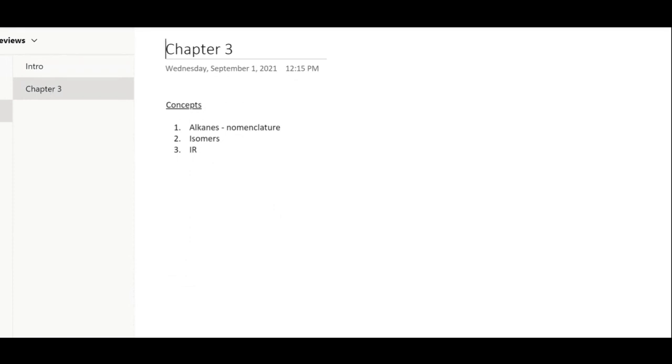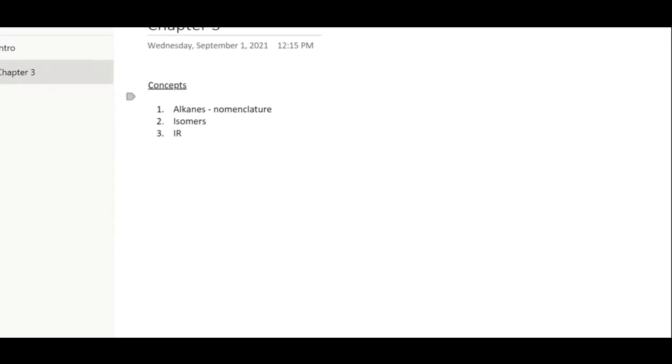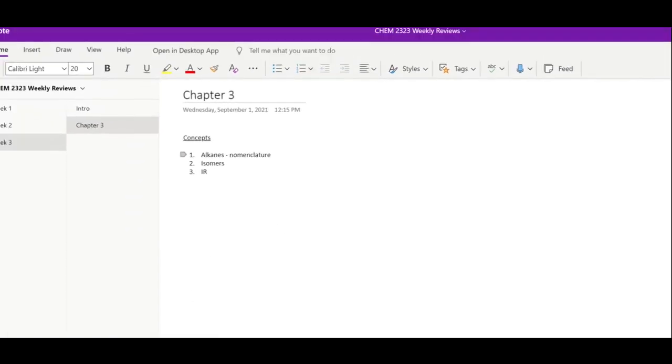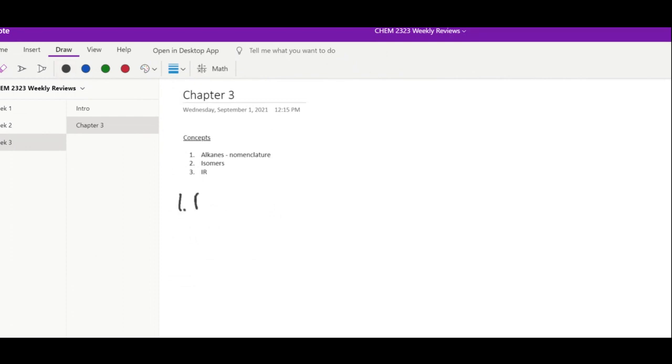So nomenclature is kind of a big topic. And by big topic, I mean there's a lot of rules and different aspects to it. So let me draw it out. The first thing you have to identify is the parent chain. Let's say, for example, I have something that looks like this.